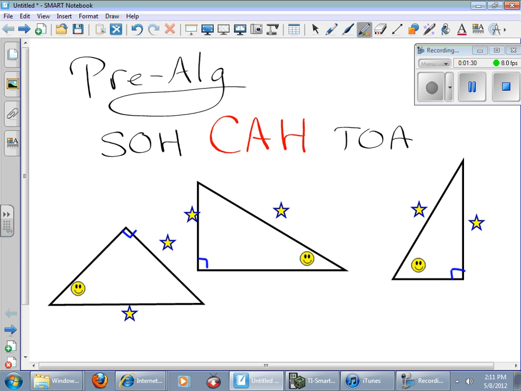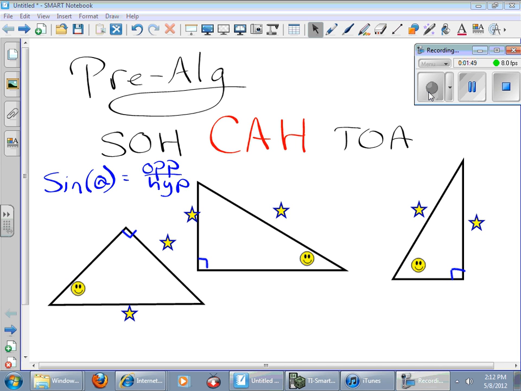Could you use the SO part of SOHCAHTOA to figure one of these things out? Well, let's see. The SO part of SOHCAHTOA says use the sine of theta, right? How big the angle is. And you do the opposite side over the hypotenuse, right?